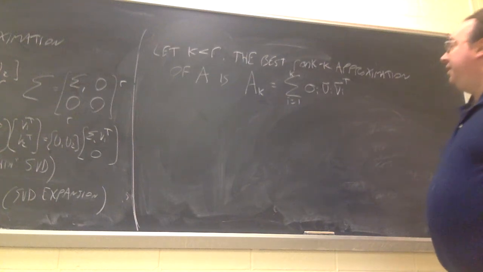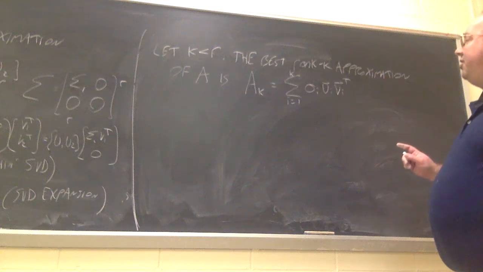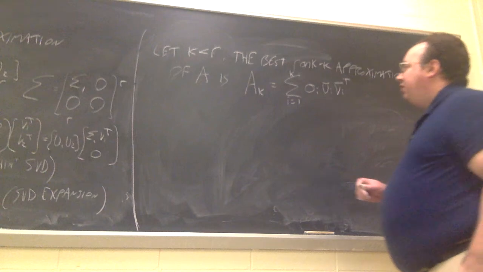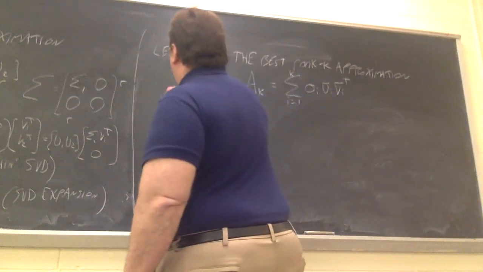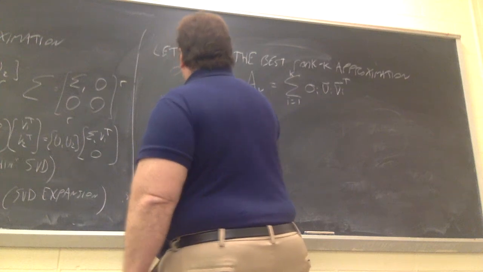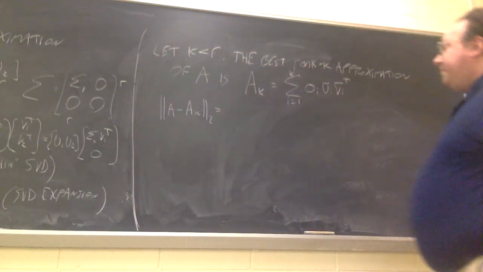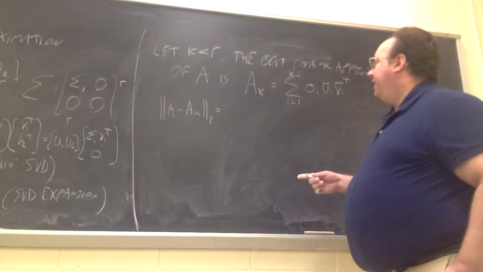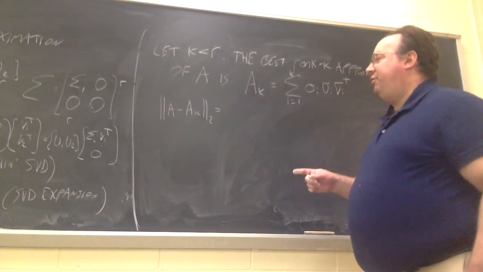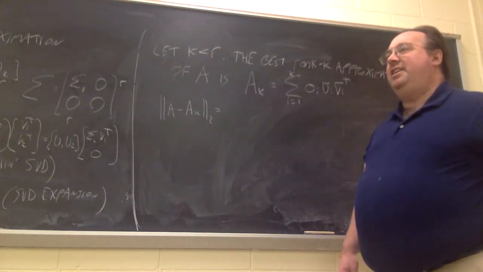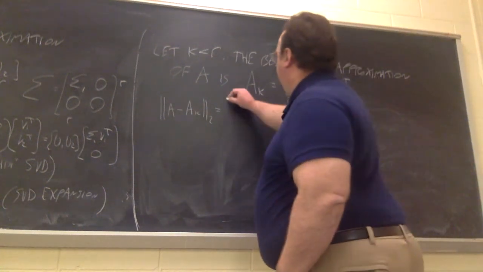Okay. Now, what I could do is say what the error is going to be in this approximation in a two-norm sense. So A minus A k, two-norm. Well, A is the whole expansion, all r terms. A k is just the first k terms. So if I subtract them, terms corresponding to 1 to k are going to cancel.